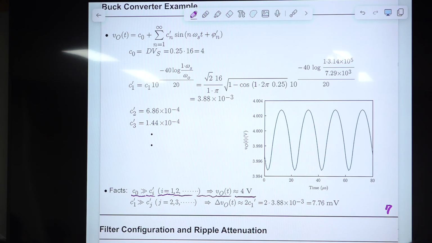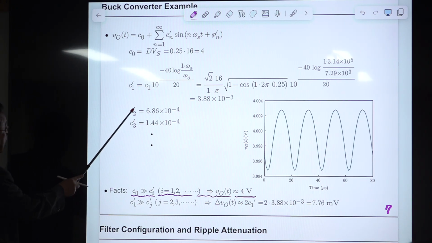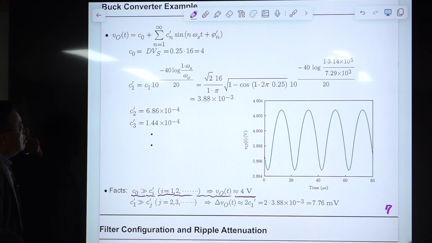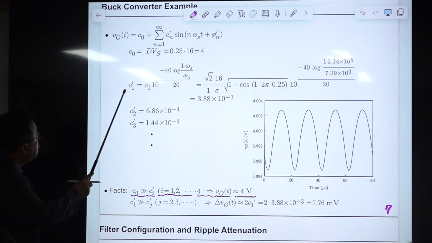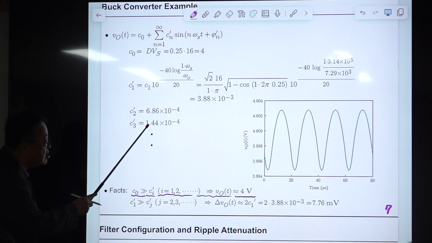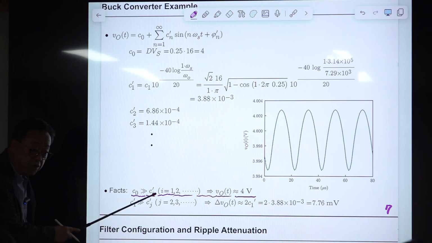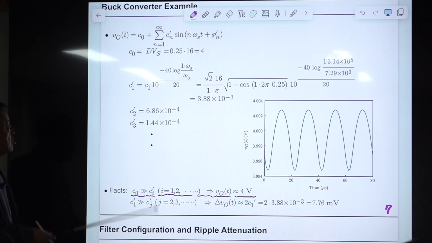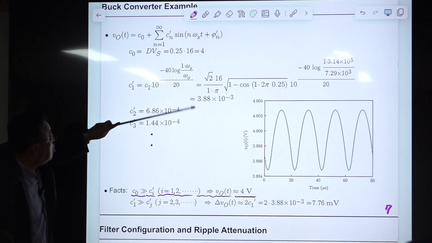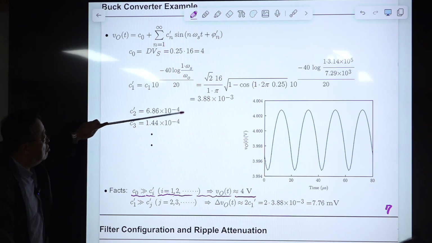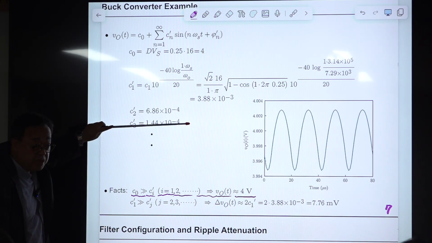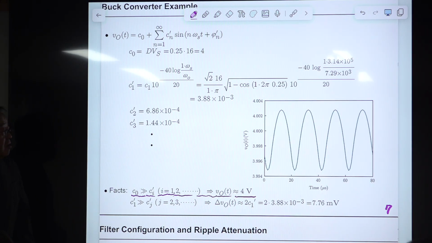Right? Another important factor is when you compare C1 prime, C2 prime, C3 prime, these are the higher order harmonic coefficients in the output voltage, but C1 is much larger than these. It becomes further smaller. Just consider this, because this is about 10 times or 5 times, just ignore all of them. Okay?